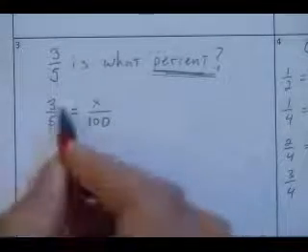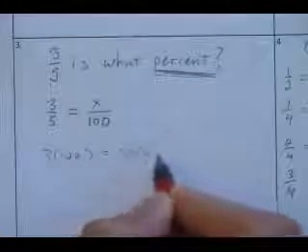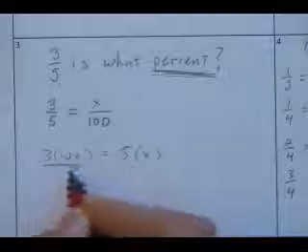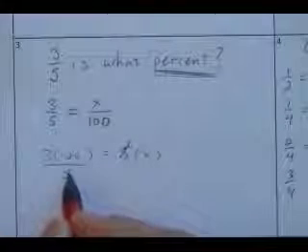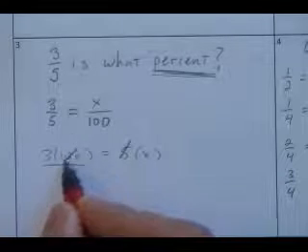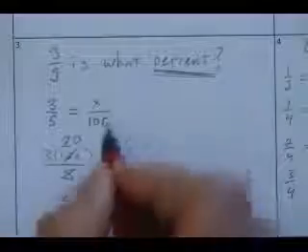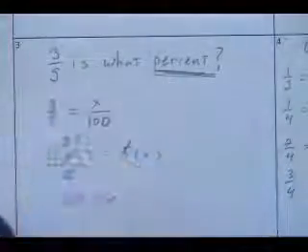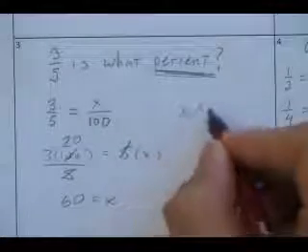Multiply: 3 times 100 equals 5 times x. Divide by 5. 5 goes into 300 sixty times. So 3/5 is 60%. Here x equals the percent.